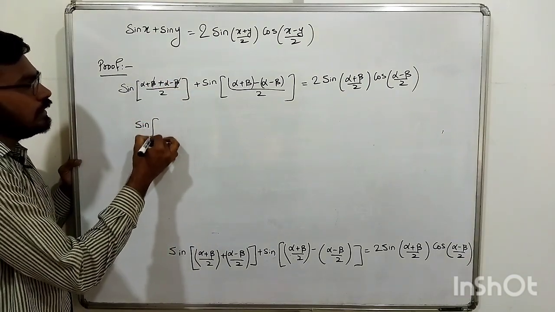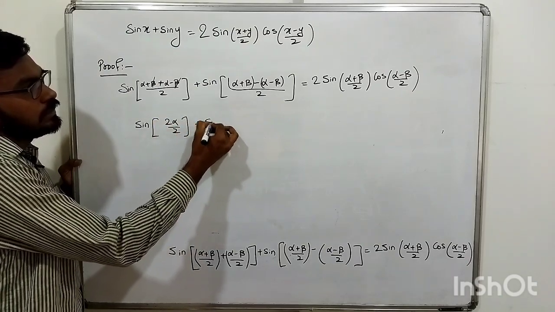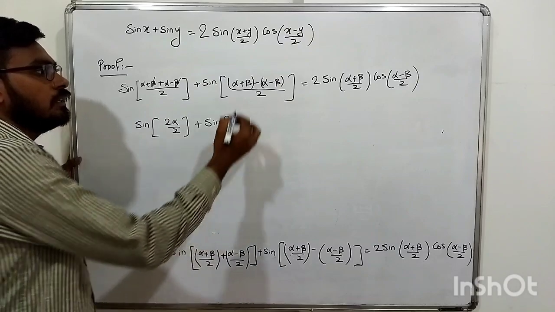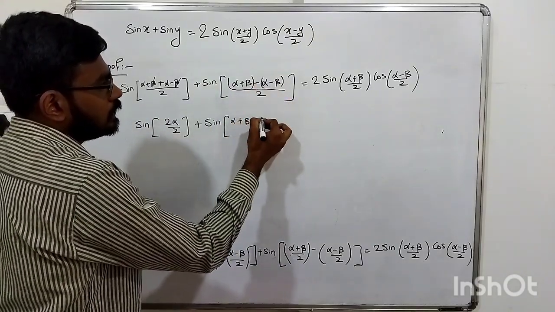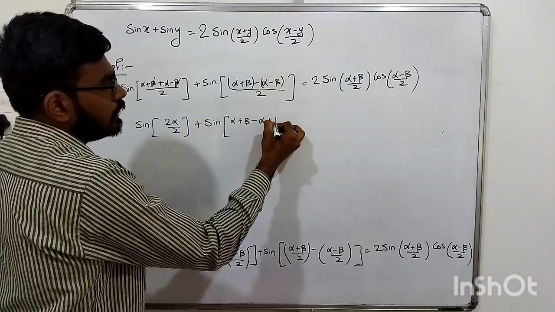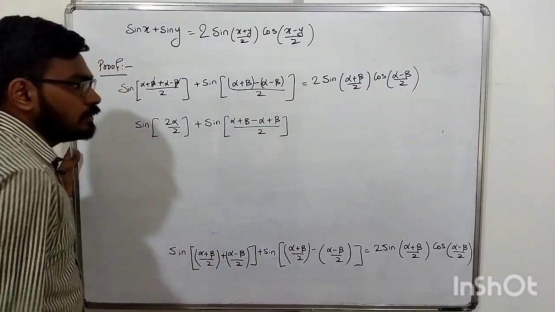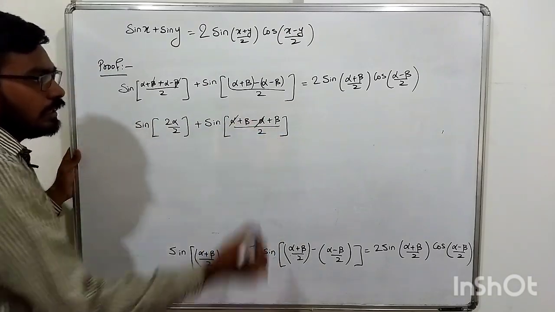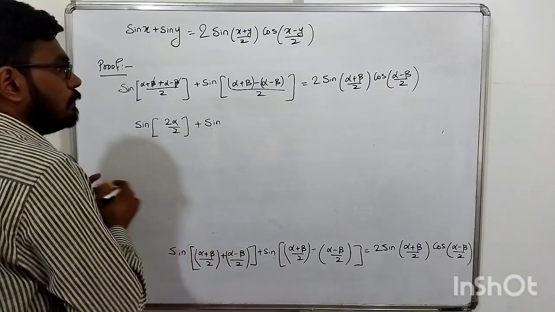Sin 2 alpha upon 2 plus sin, here what will happen? If I remove the brackets, alpha plus beta, minus into plus is minus alpha, minus into minus is plus beta, upon 2. Understood? So you can cancel this. So what we get? 2 beta upon 2.